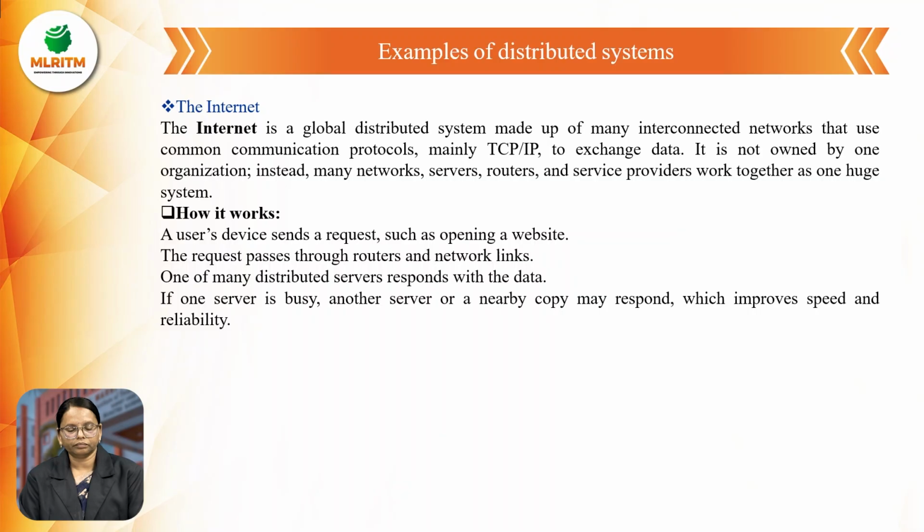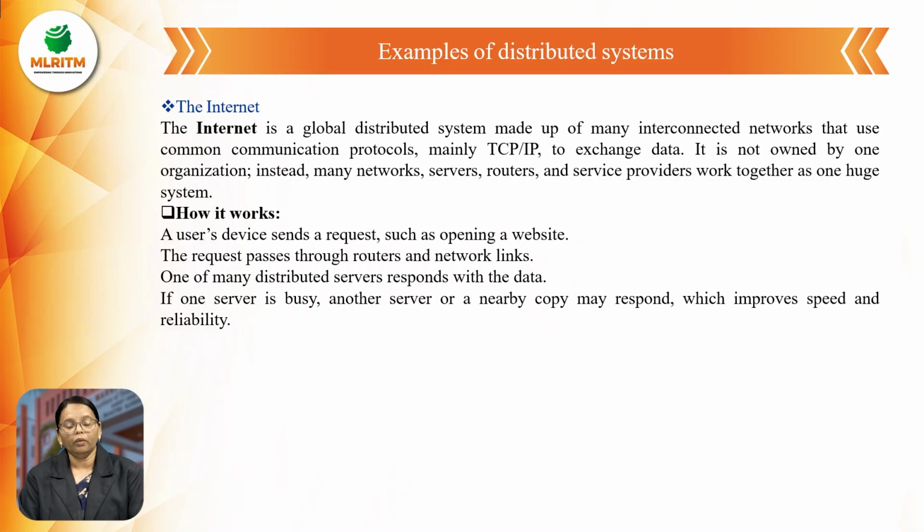So the internet is a worldwide network that connects millions of computers and devices. It allows us to share information, communicate, browse websites, watch videos, send emails, and use online services. So this is the internet.